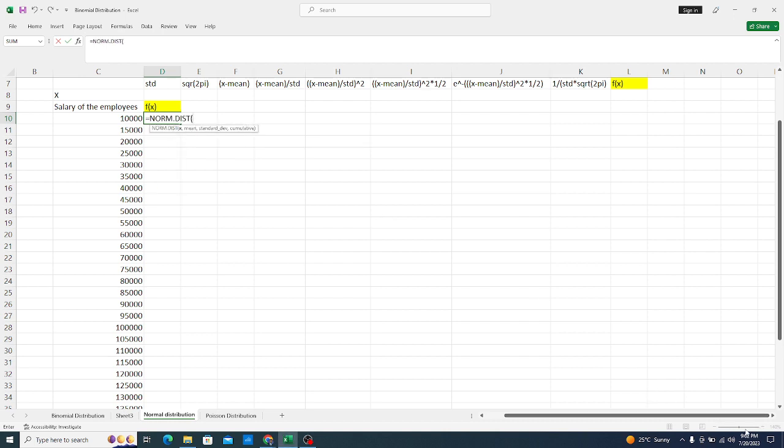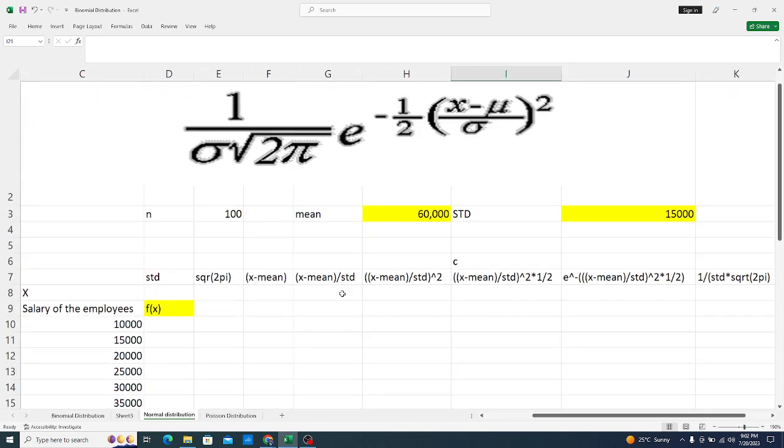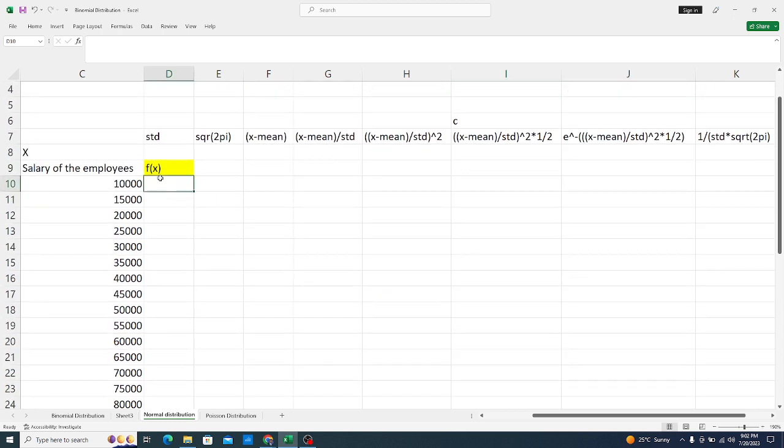I will increase, that is my x. I'll zoom in. Let me first do away with the formula so that I can zoom in, so that you may capture the function. So it will be NORM.DIST. Then you can see it is requiring us to enter the x value, which is this.